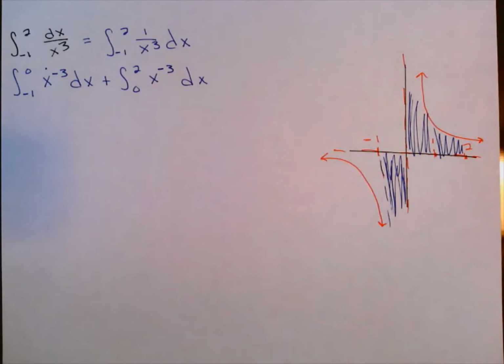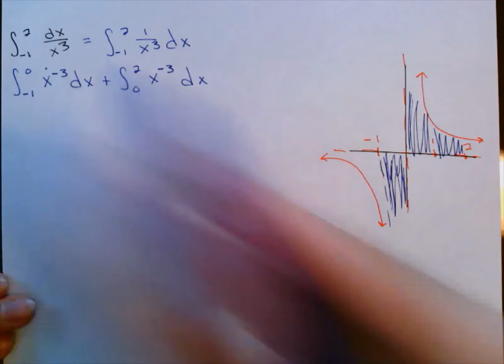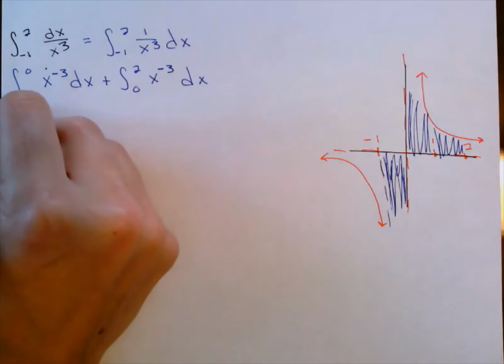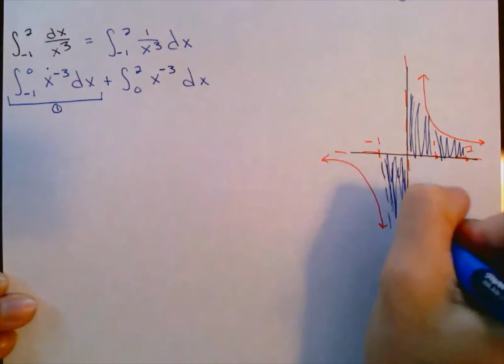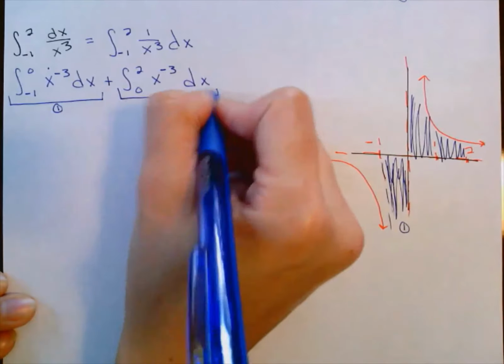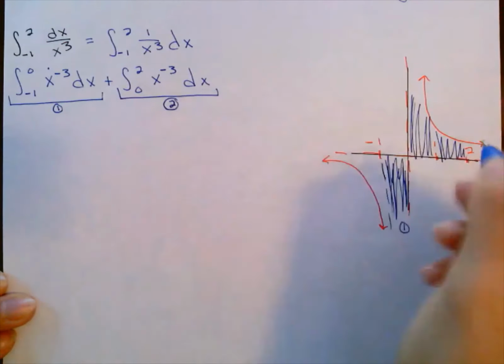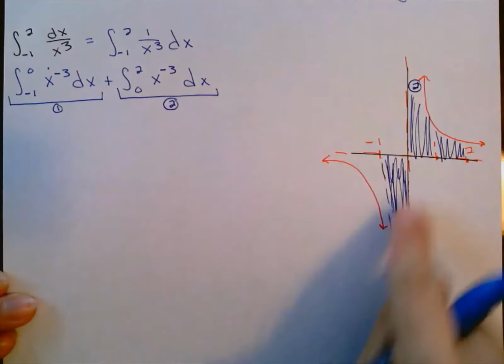So now I'm going to solve each of these. We'll call this portion 1, which is this portion here, and then this is portion 2, which is this portion. Okay, so first this, then that.